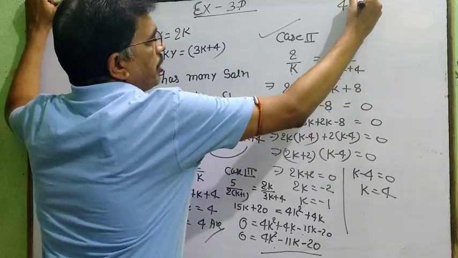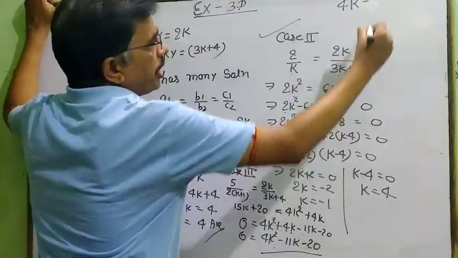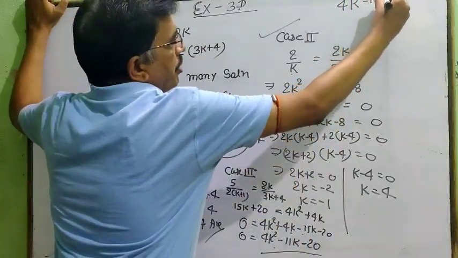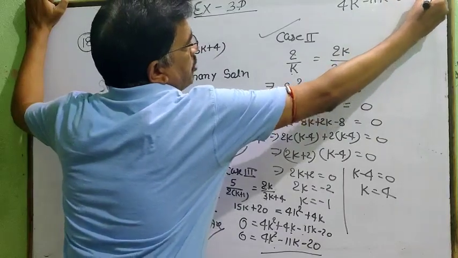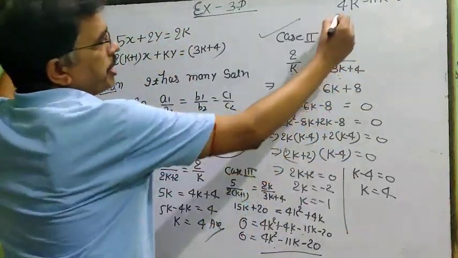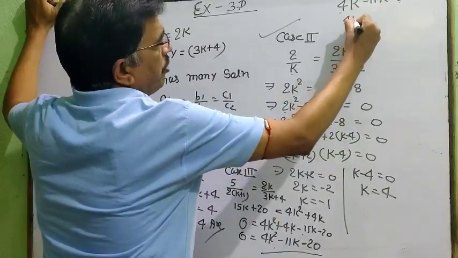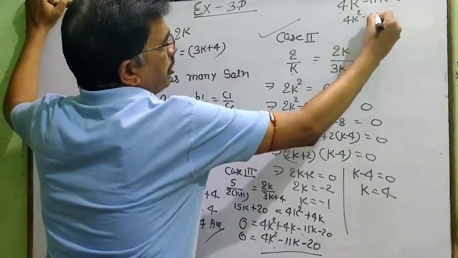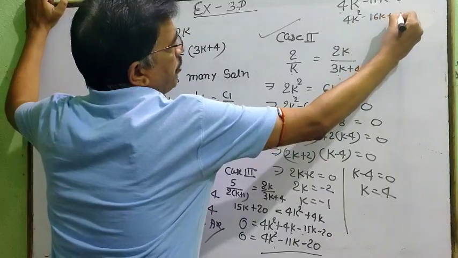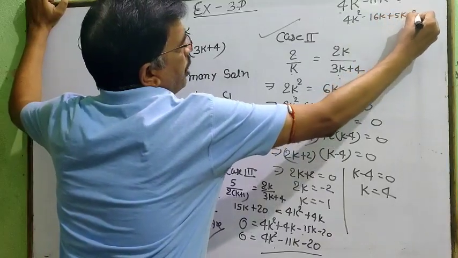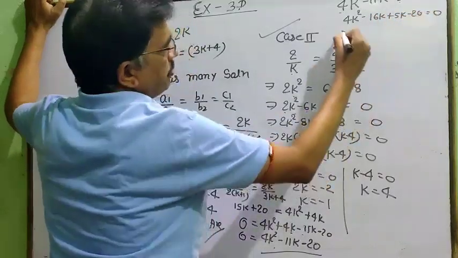4k square minus 11k minus 20 is equal to 0. Again we just split that: 4 into 20 is 80, and here is 11. Then you can solve 4k square minus 16k plus 5k minus 20 is equal to 0.